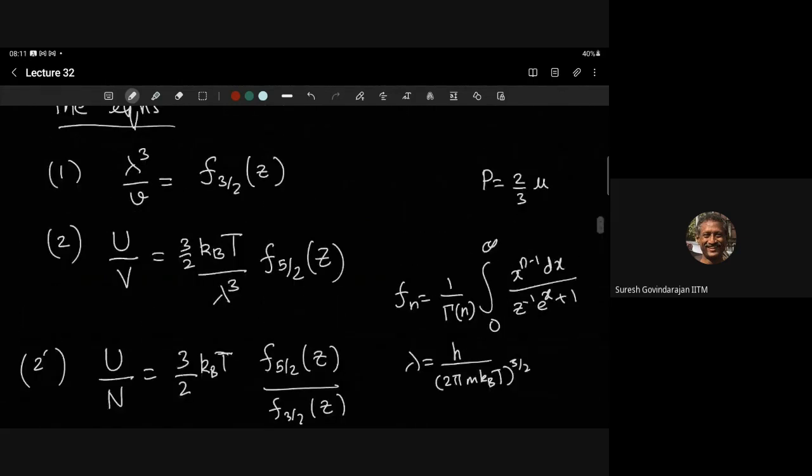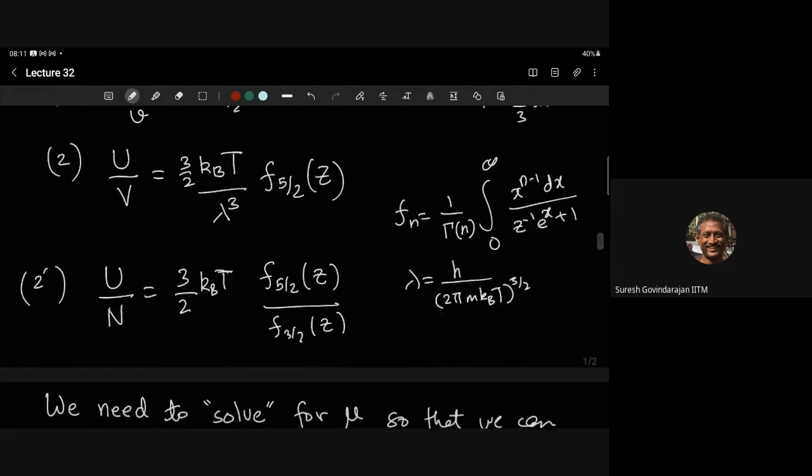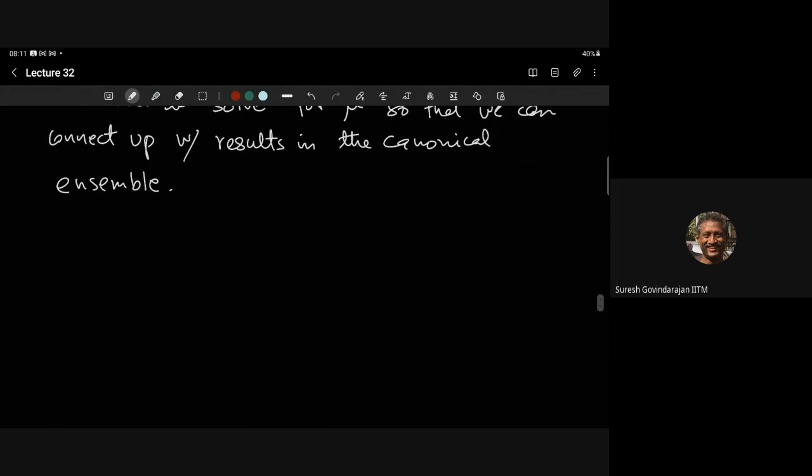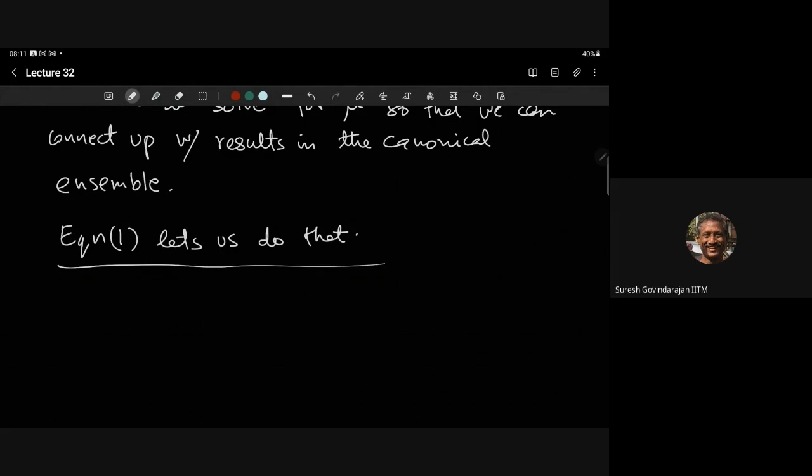It's an implicit function. So what is that equation?